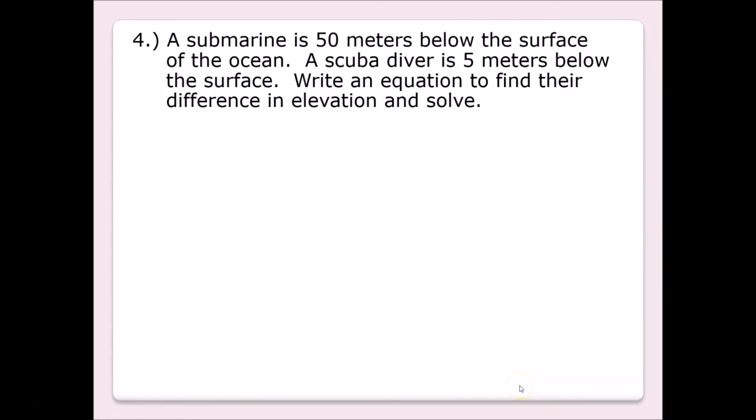For the last one, number 4, can you try it out yourself and see if you really understand this lesson? So are you ready? Let's do this together. Let's read first. A submarine is 50 meters below the surface area of the ocean. Okay, let's illustrate.